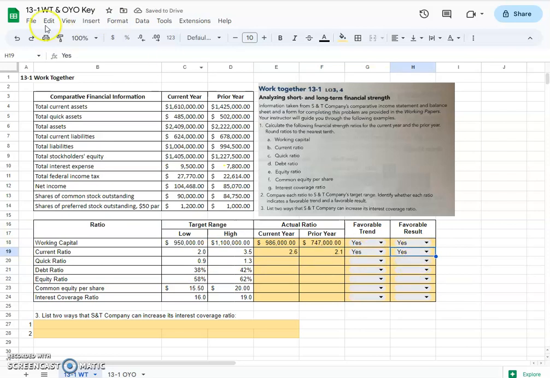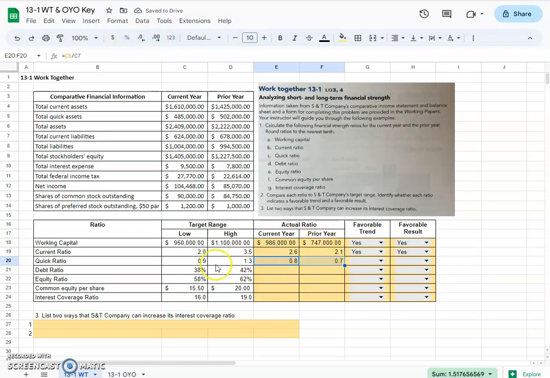Next is the quick ratio. For that one, we do quick assets divided by current liabilities. So equals our quick assets divided by our current liabilities, and we'll bring that one across, and maybe go down to 1 decimal place.